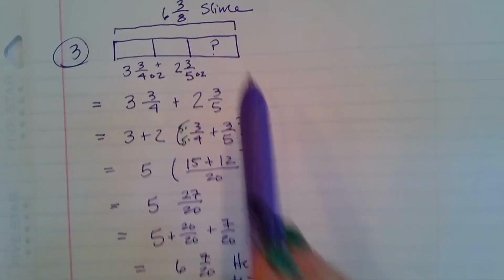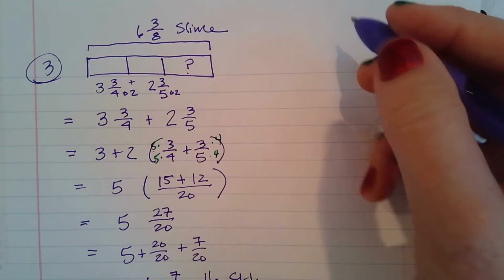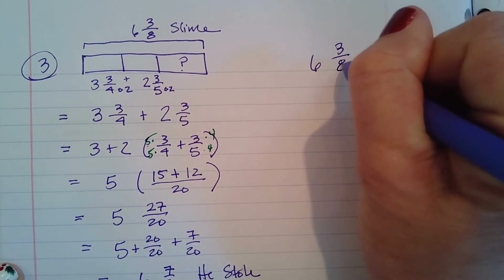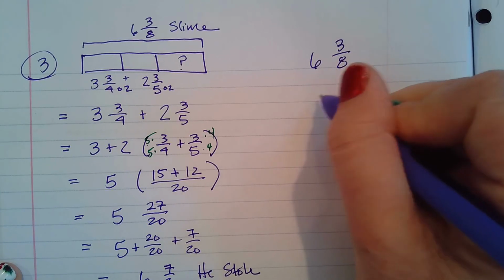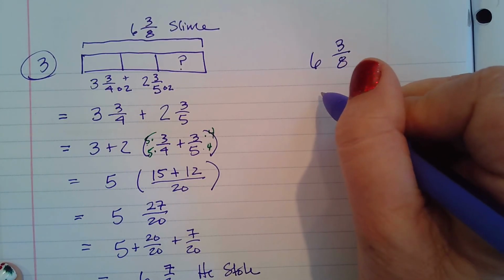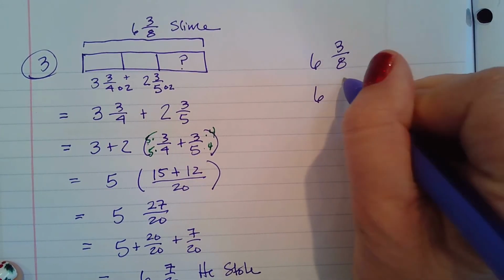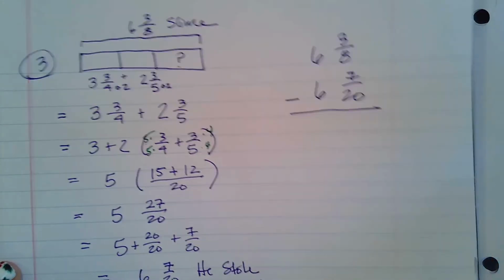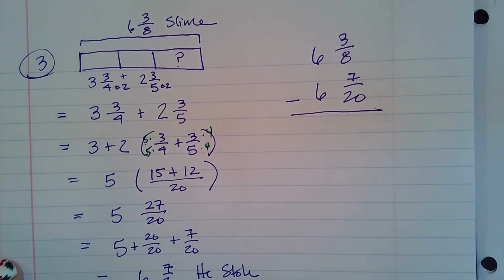So now we need to subtract this from here, correct? So let's come up here and let's use standard form and subtract these two from one another, 6 and 7 20ths. So he's almost there. So what are we going to change this to?